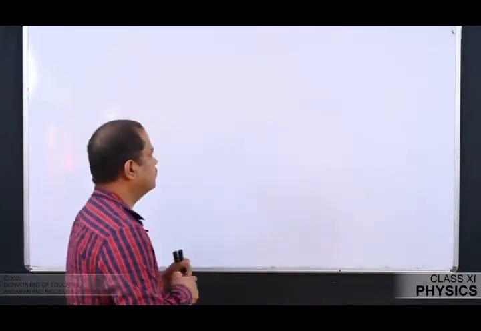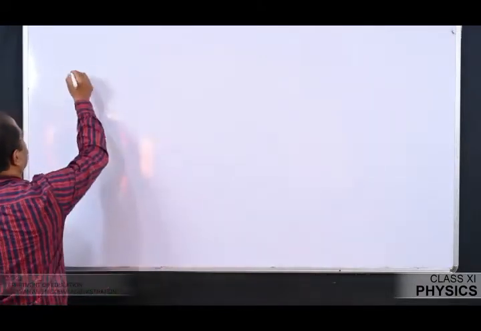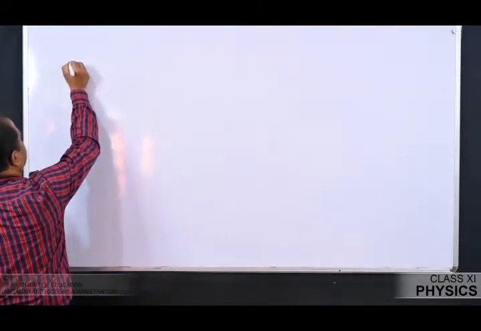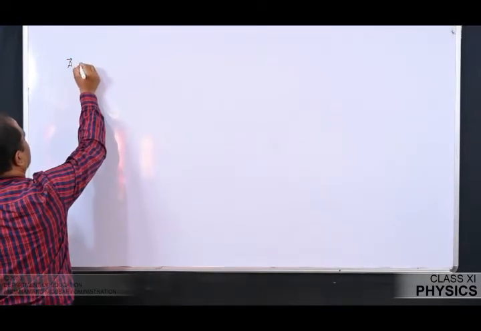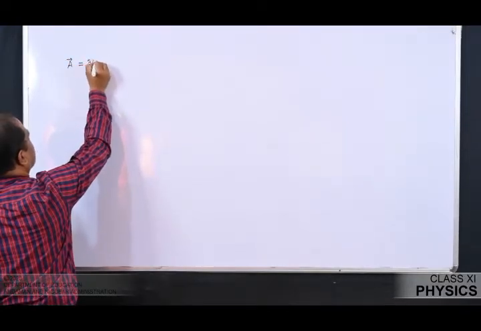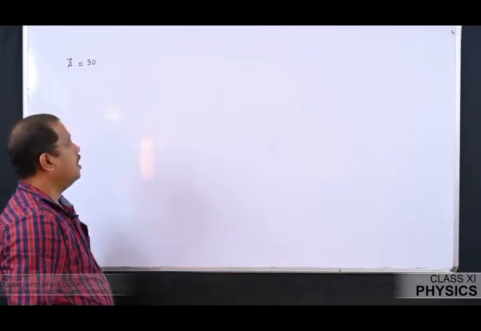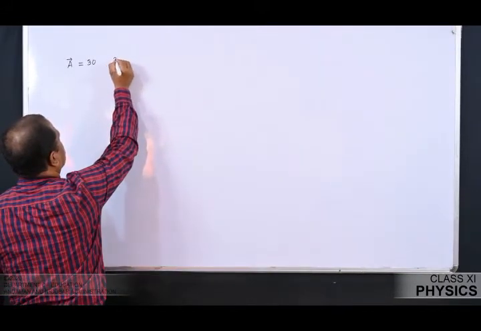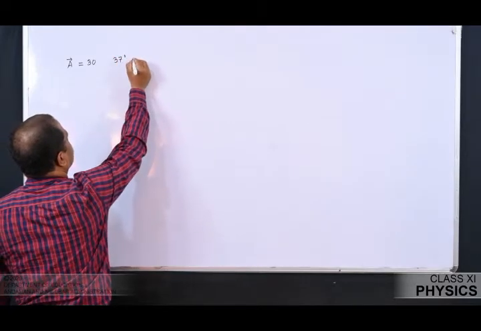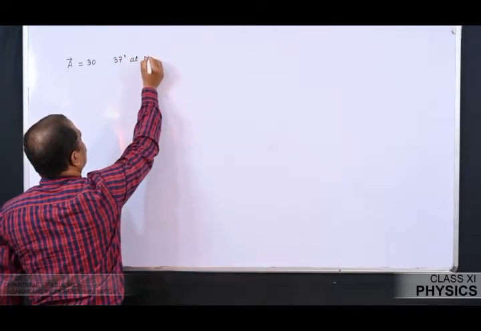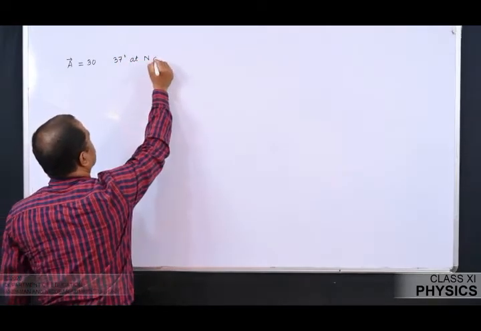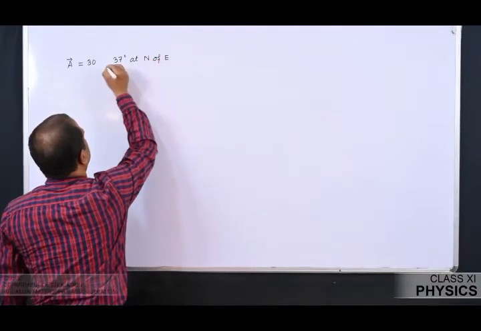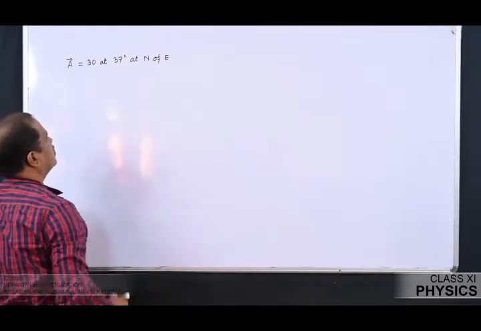What it says is I have a vector which has a magnitude of say 30 and is pointing along 37 degrees north of east. So this is my first vector.